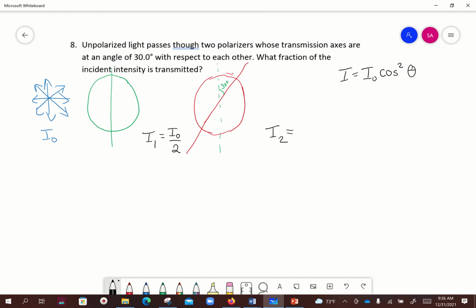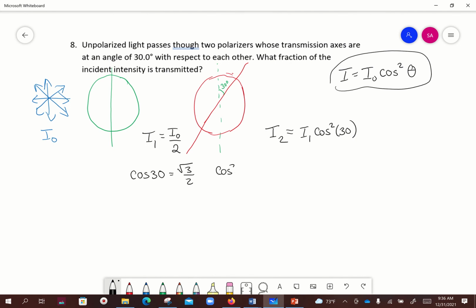All right, so what's going to happen for the second one? Well, I2, we're going to use our equation. I2 is going to be equal to the incident light intensity I1 times cos squared of 30. Okay, and cos squared of 30, remember cosine of 30, if you learned the unit circle, cosine of 30 is root 3 over 2.